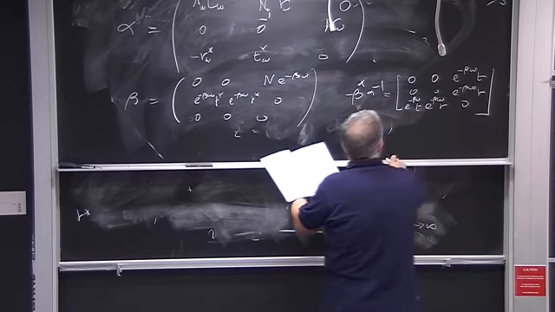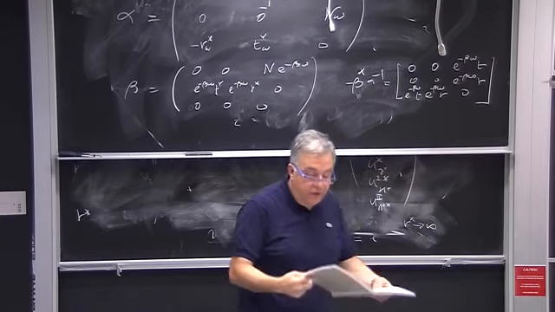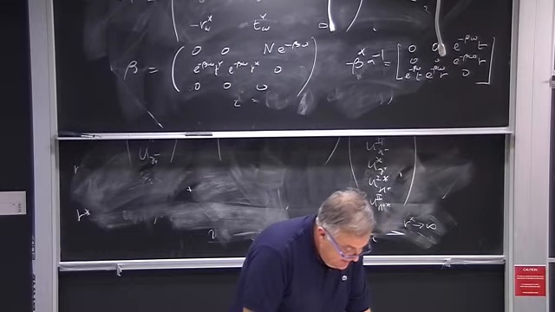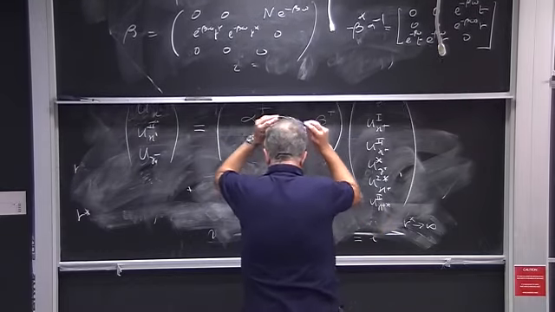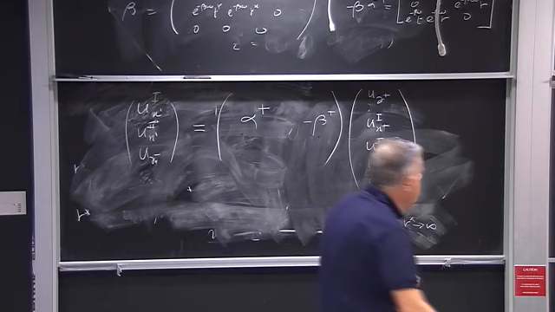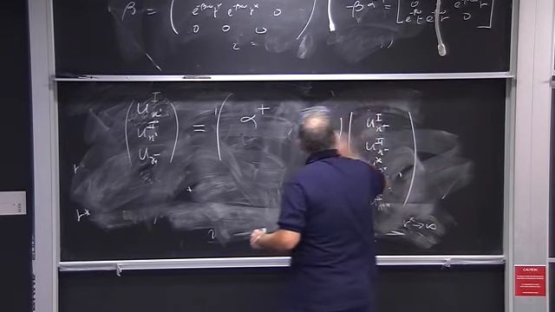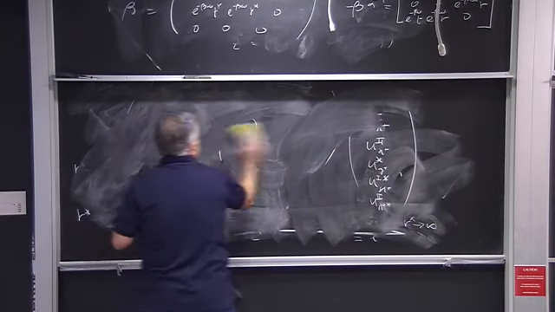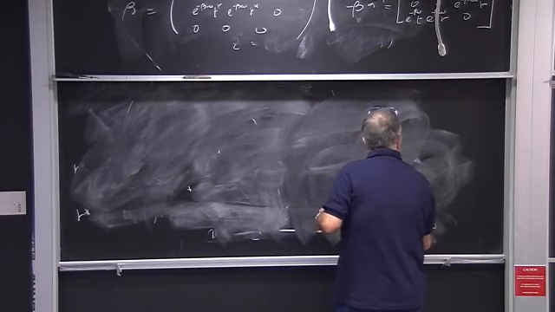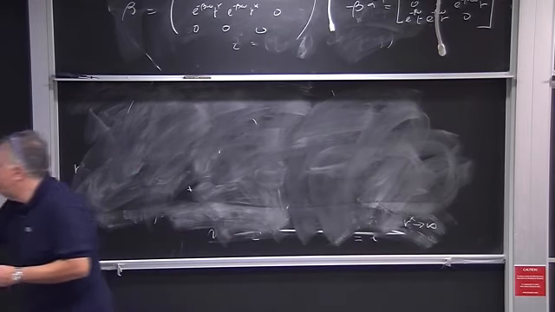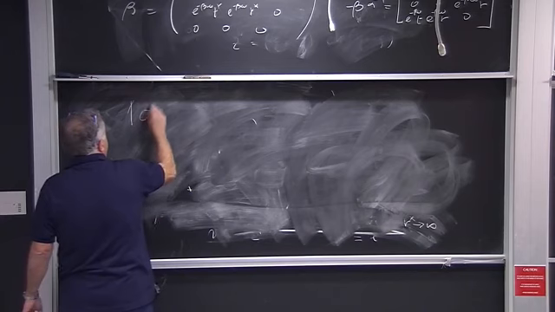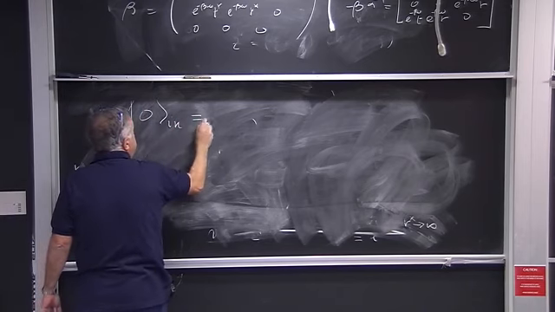And with this matrix, we are going to use the same formula as before and write the initial vacuum as a Bogoliubov transformation of the out vacuum.